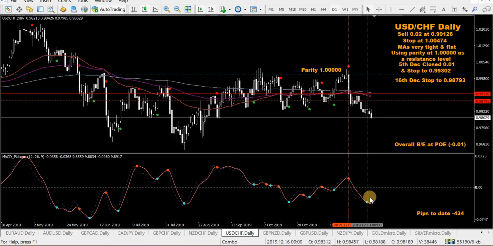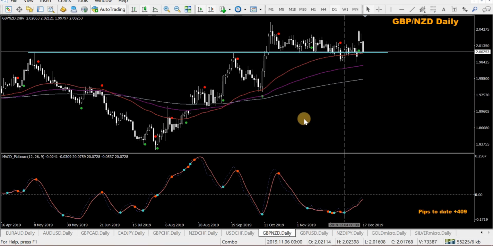I tightened my stop up when I got this blue dot on the MACD Platinum below the 0 level, because now I'm looking for buys. In the meantime, it's been a tough one to trade on the daily chart. You can tell by my minus 434 pips on it. I vow I'm going to get that back, which is probably not the right thing.